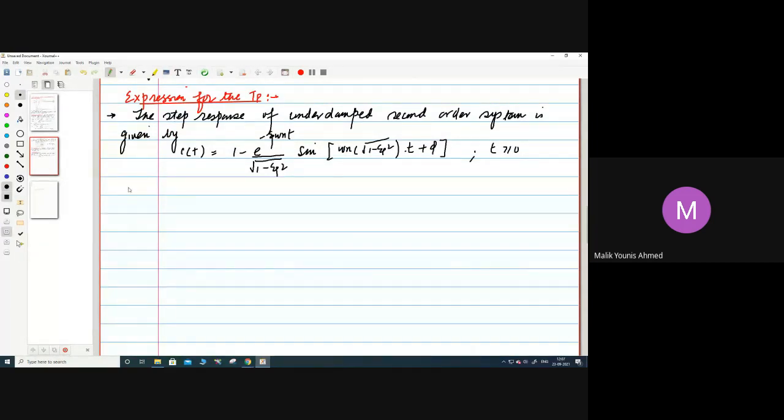Also, where phi is equal to tan inverse of under root of 1 minus xi square divided by xi.